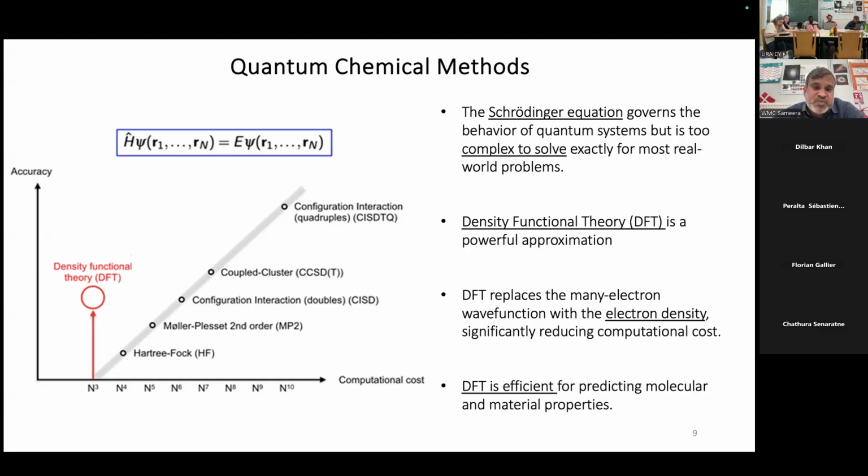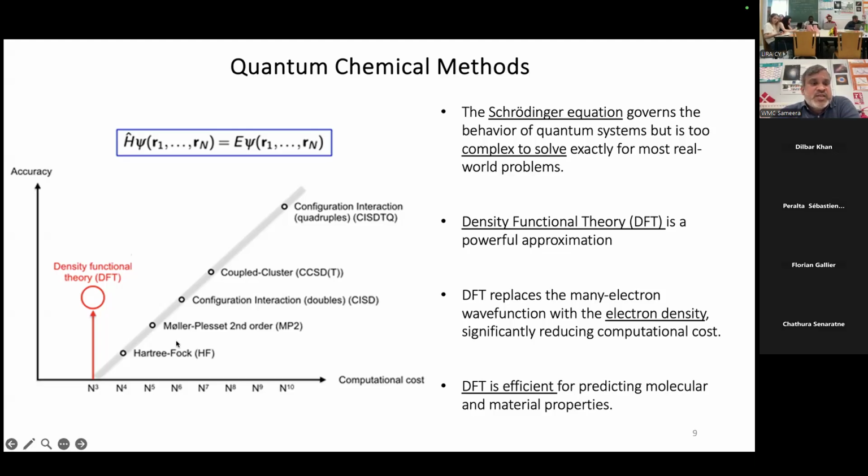But even for large molecular systems, we can compute them with relatively high accuracy, depending on the density functional you choose. And we can obtain reliable molecular structures and also properties from DFT. During this tutorial, we will focus mainly on DFT.